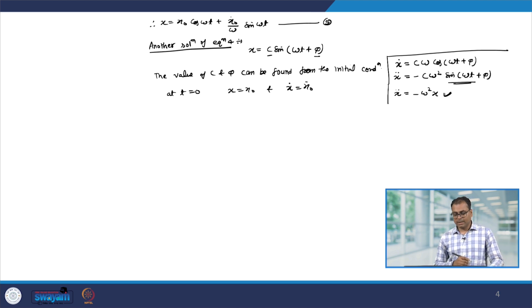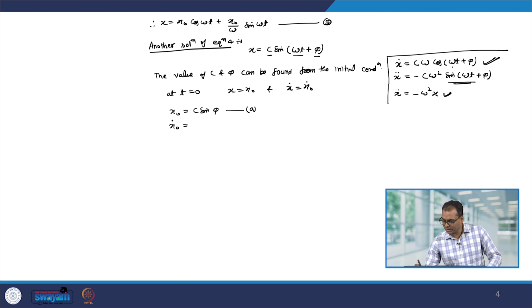Okay. So, let us put this above in the equation. At t equal to 0, we have omega t equal to 0. Therefore, I have x naught equal to c sin phi. Let us call this equation A. And we have x dot equal to x naught dot.